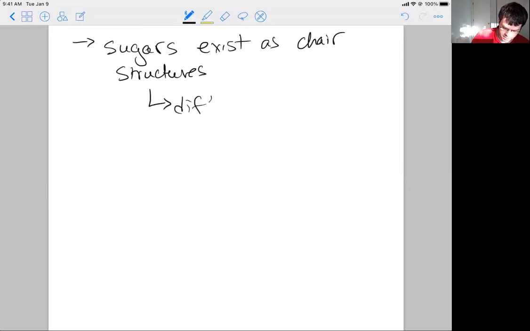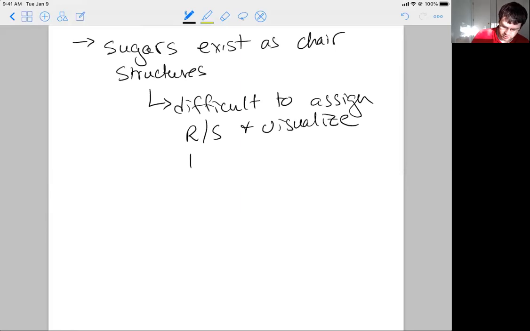And chair structures make it difficult to assign R and S and visualize the stereocenters. Because we have this sort of perspective that we have to deal with when we're looking at chair structures, it becomes very difficult to assign R and S and to visualize the stereocenters.